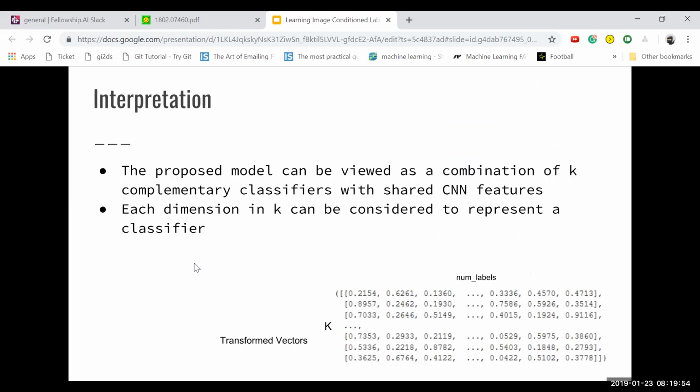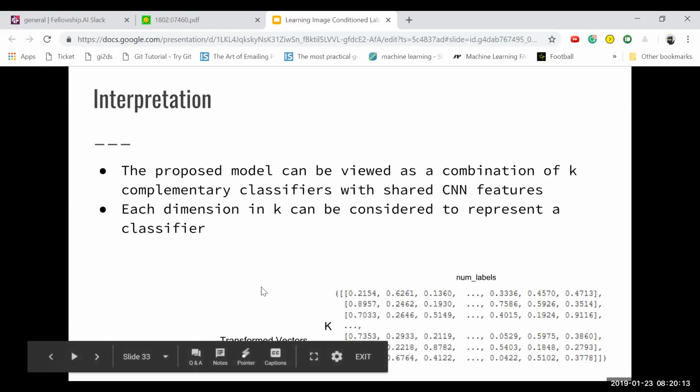Okay, so we move on to interpretation. According to the authors, one way of looking at this model is as a combination of k classifiers which inherit common features from a CNN. What I mean by that is each dimension in k can be considered a complementary classifier. To better explain my point, we come back to this matrix again.